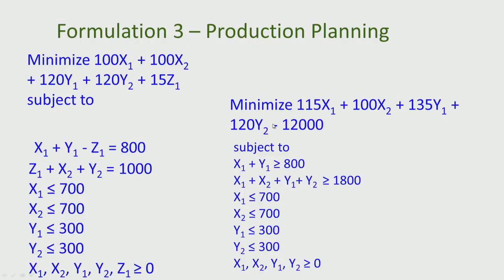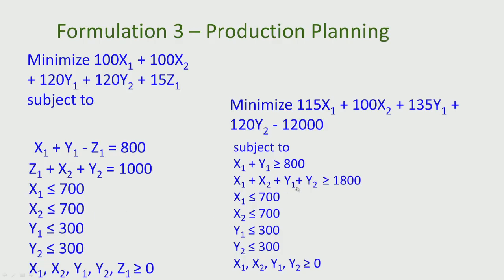Now, there is also a constant term in the objective function, and when we actually solve this, we can leave out the constant both from the formulation and to begin with in the solution, and add that later. So, this will be rewritten as minimize 115 x1 plus 100 x2 plus 135 y1 plus 120 y2, and we can leave out the minus 12,000 and add it as and when required.